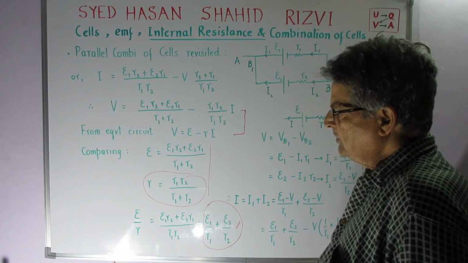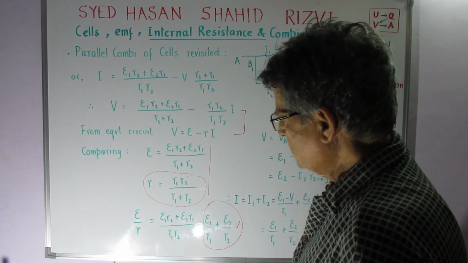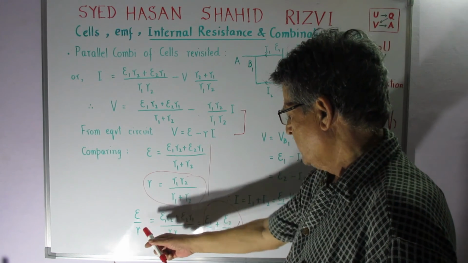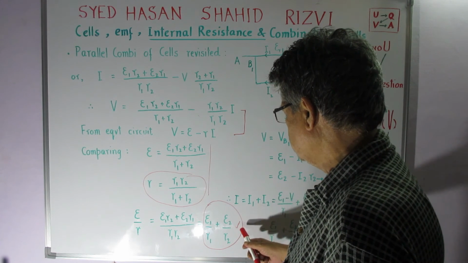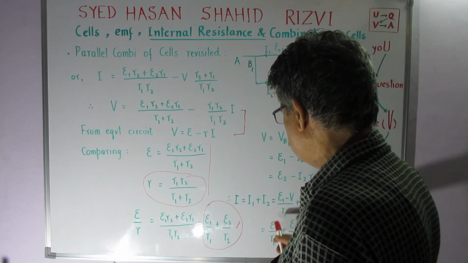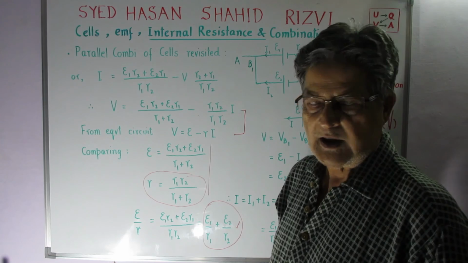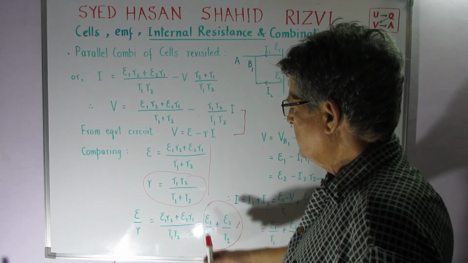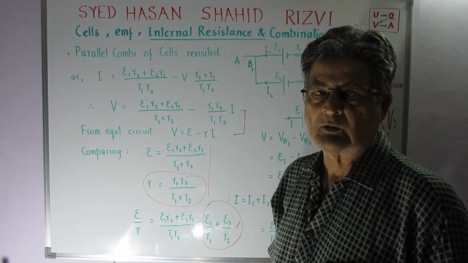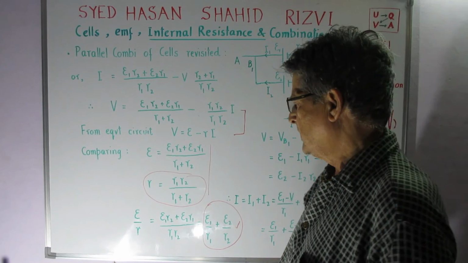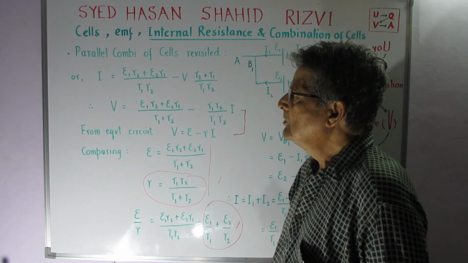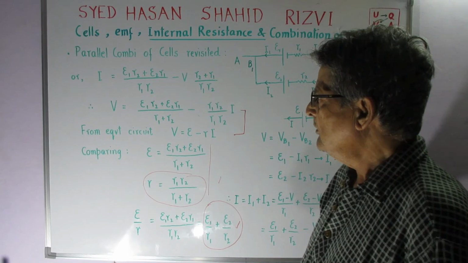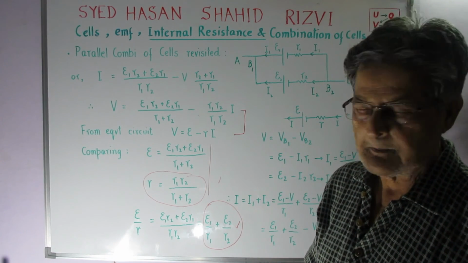So in general, E upon R will be equal to E1 upon R1 plus E2 upon R2 plus E3 upon R3 plus and so on plus En upon Rn. And 1 upon R will be equal to 1 upon R1 plus 1 upon R2 plus 1 upon R3, etc. So this is what we obtain for the case of the parallel combination of cells.